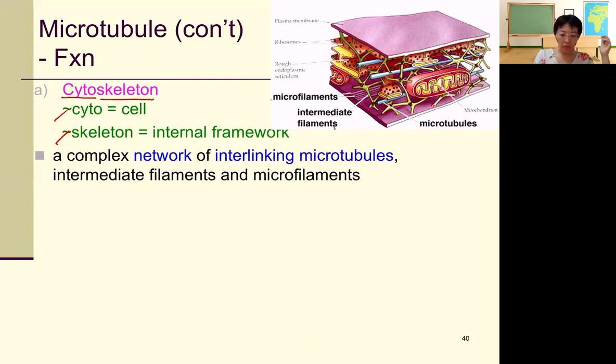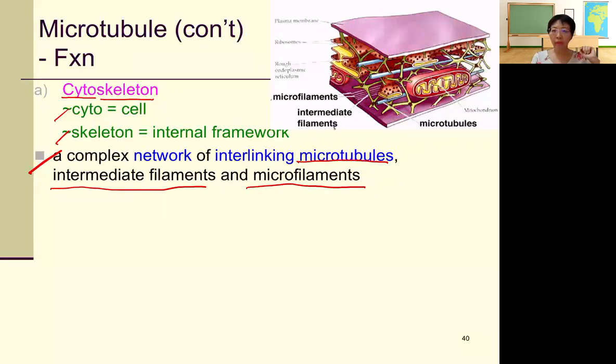All right. So the cytoskeleton is a complex network of interlinking 3 types of molecules: microtubules, intermediate filaments, and microfilaments. The one that we want to learn here is only microtubules. Microtubules will form part of the cytoskeleton of the cell.